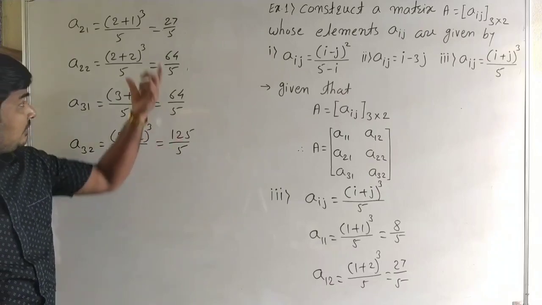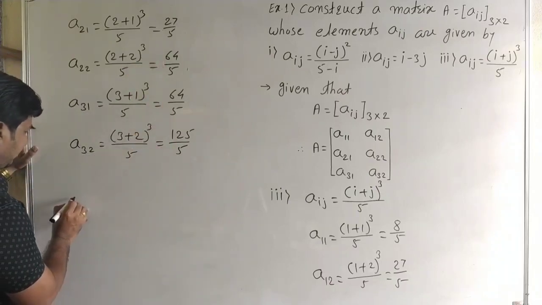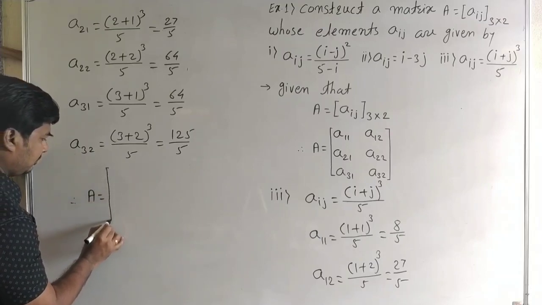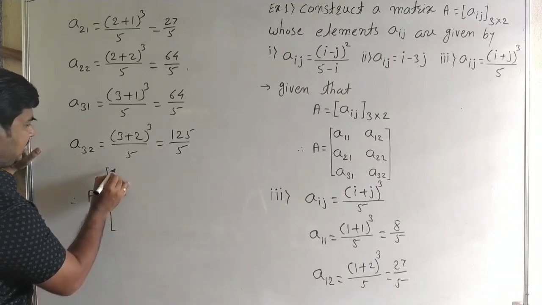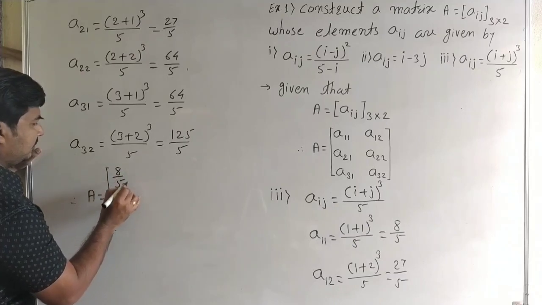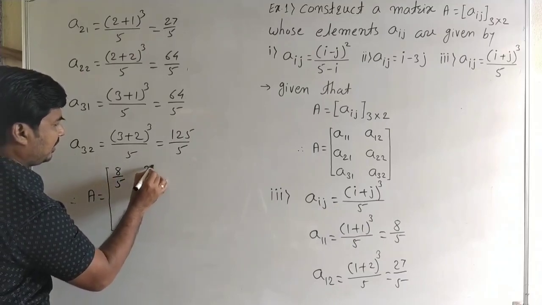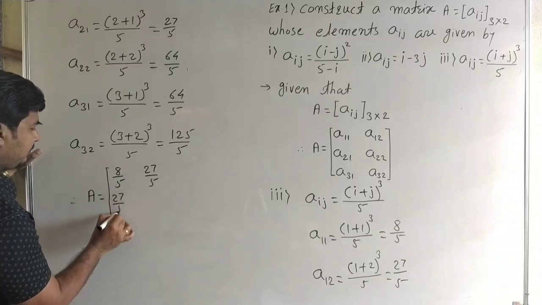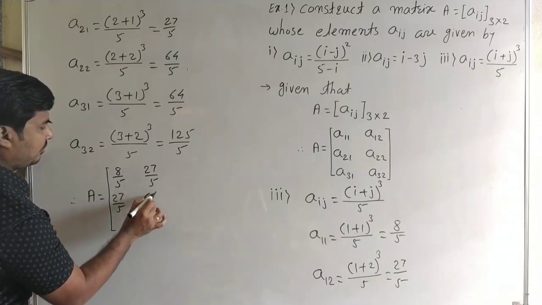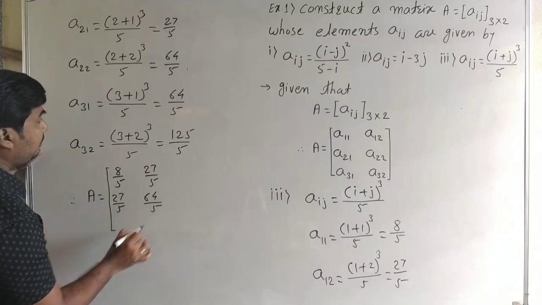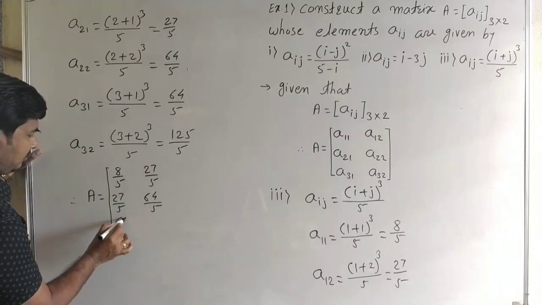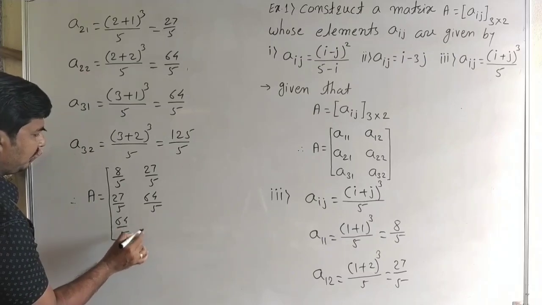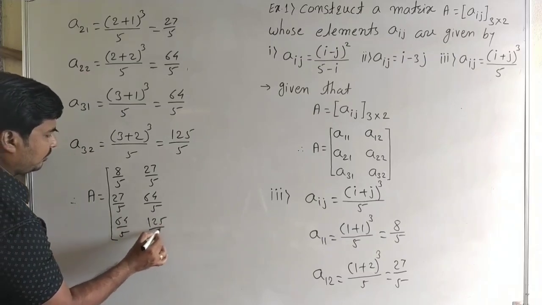These are the elements, and therefore the matrix A is: first element 8 by 5, second element 27 by 5, then 27 by 5, 64 upon 5, then 64 upon 5, and last 125 upon 5.